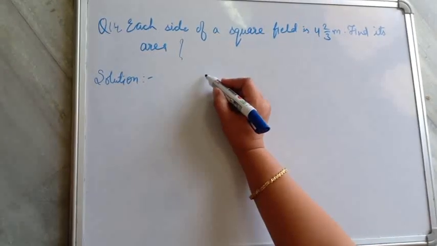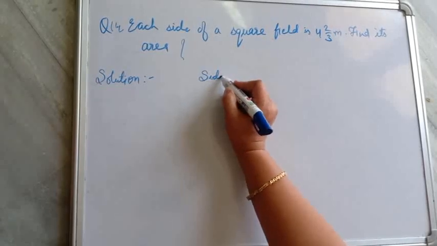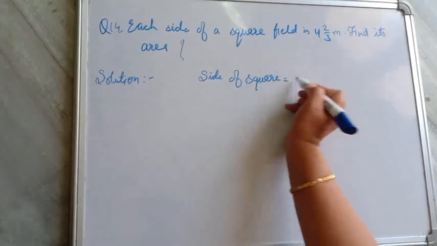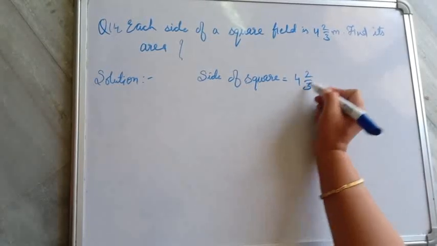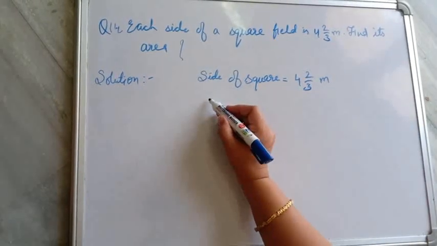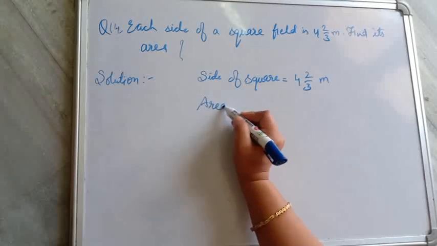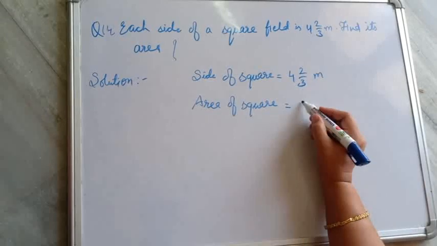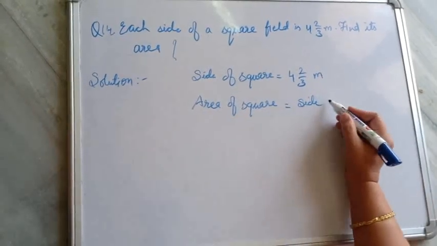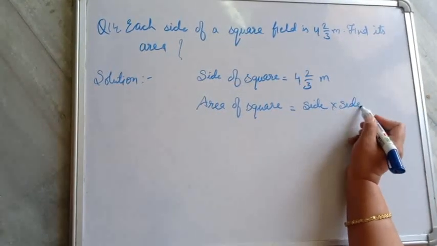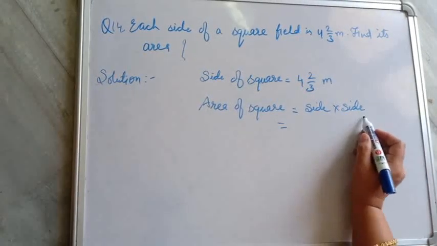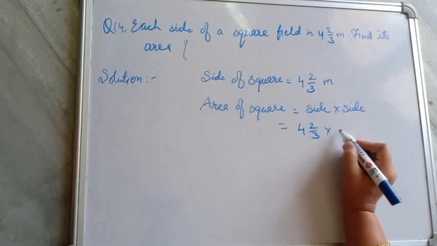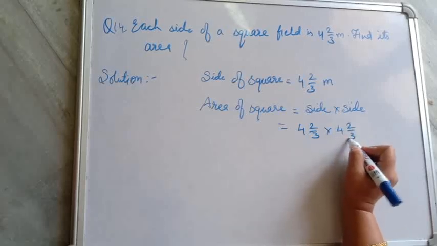Side of square is 4 2 by 3 meter. Area of square is equal to side into side. This is the formula we have studied in the previous classes also. Side is 4 2 by 3 multiplied by 4 2 by 3.